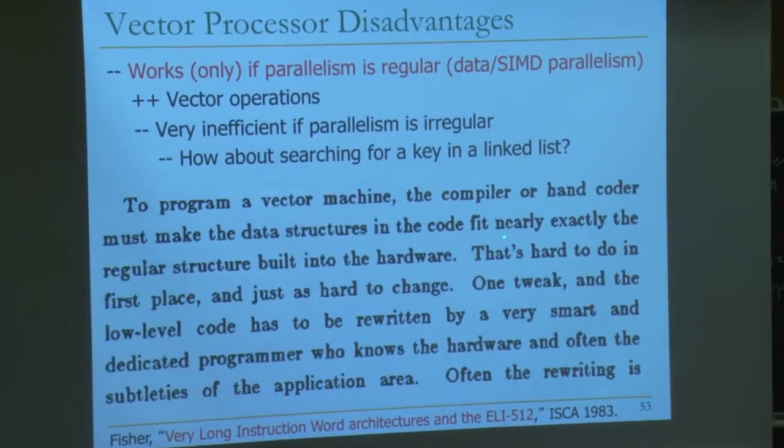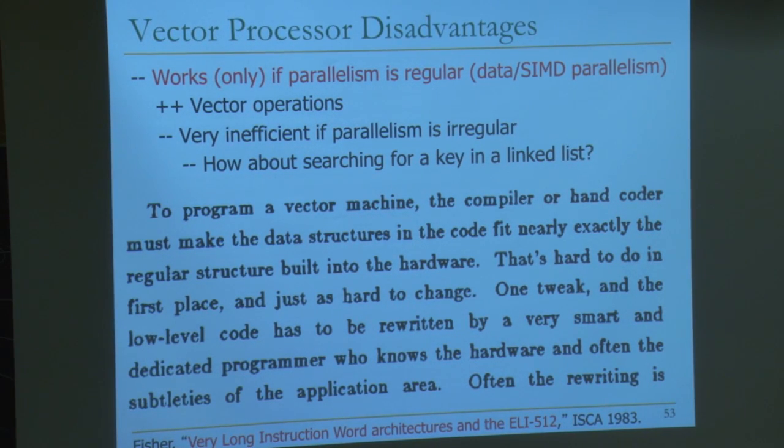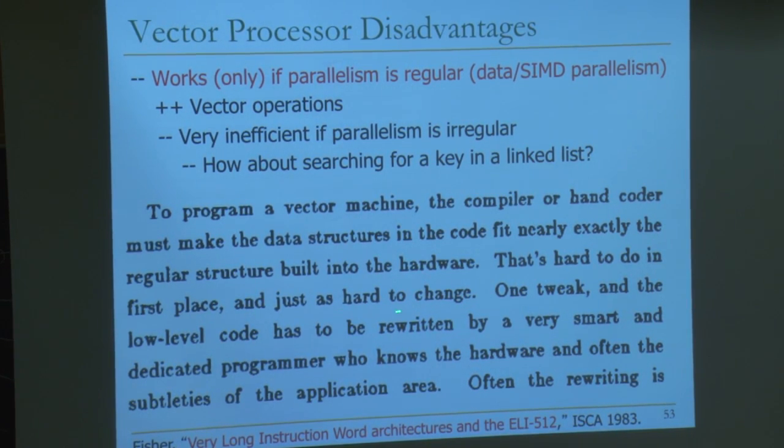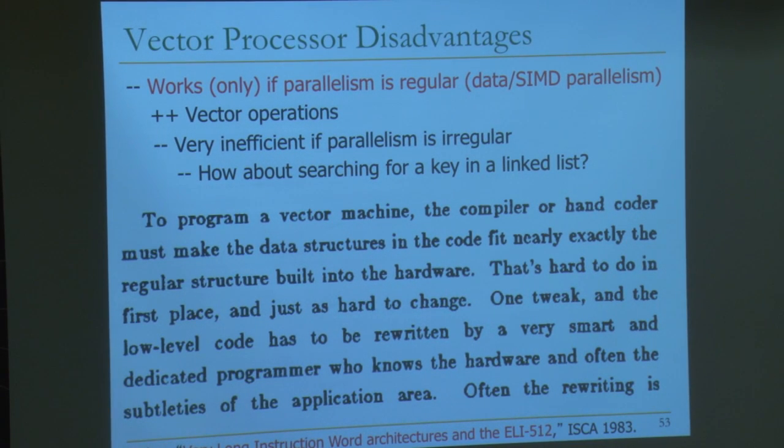To program a vector machine, the compiler or hand coder must make the data structures in the code fit nearly exactly the regular structure built into the hardware. Well, to be able to do this, you need to know how many banks you have, first of all, right? That's hard to do in the first place, and just as hard to change. Well, what if your machine changes? One tweak, and the low-level code has to be rewritten by a very smart and dedicated programmer who knows the hardware and often the subtleties of the application area.